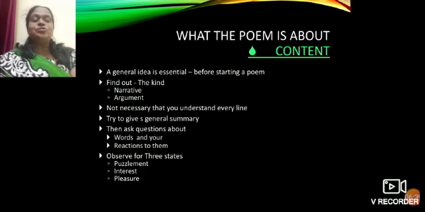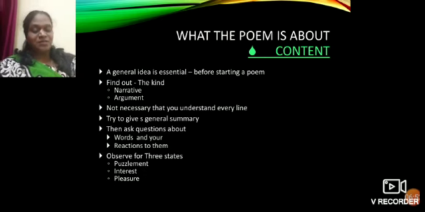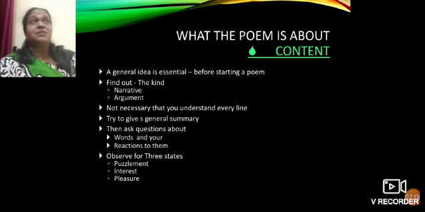Now, coming on to what the poem is about, you need to develop a general idea as soon as you start reading or as soon as you have listened to the poem. In such a case, you should understand whether the poem is a narrative poem or an argumentative poem. Sometimes you might not understand the meaning of a particular word.